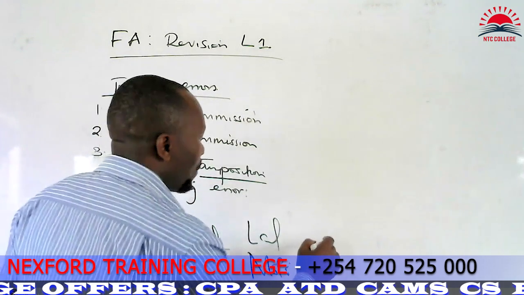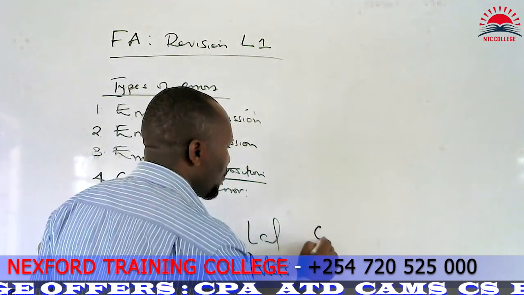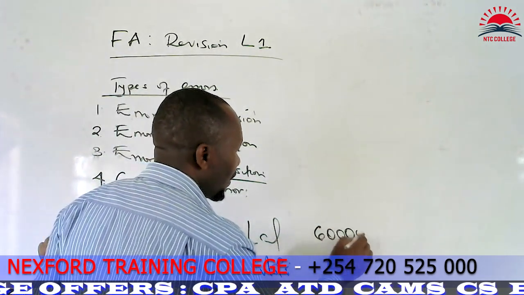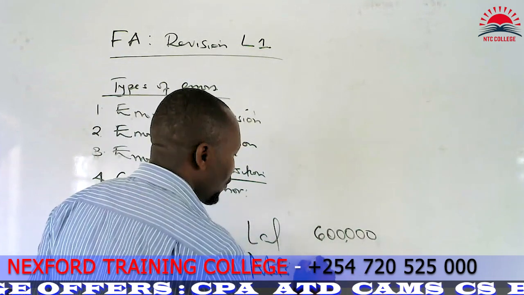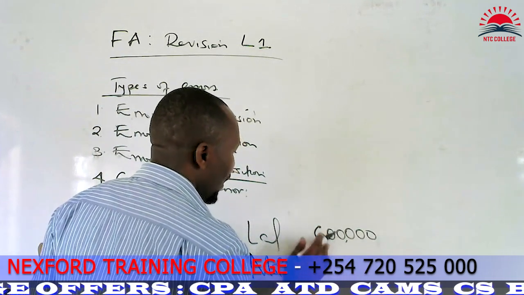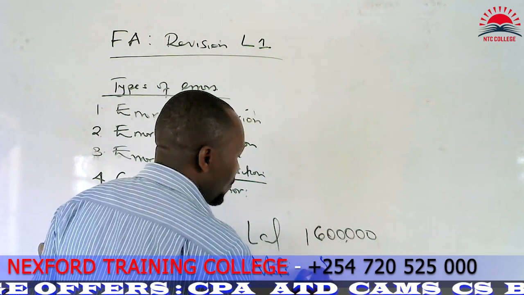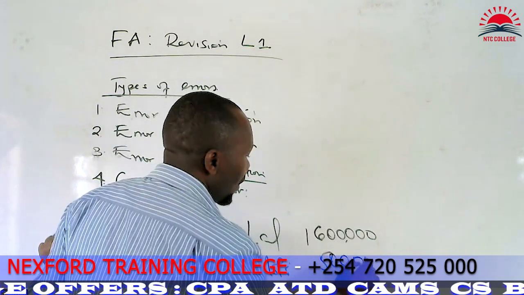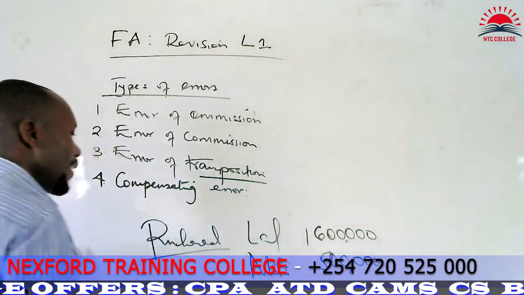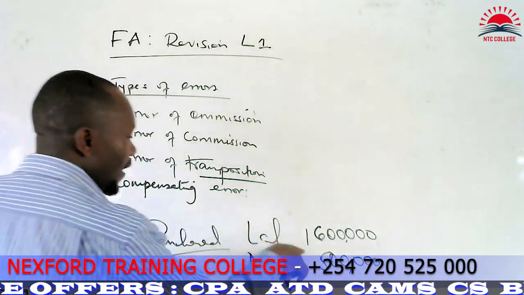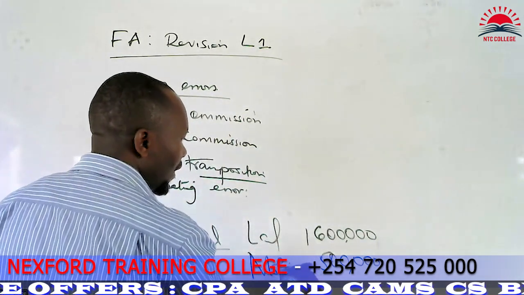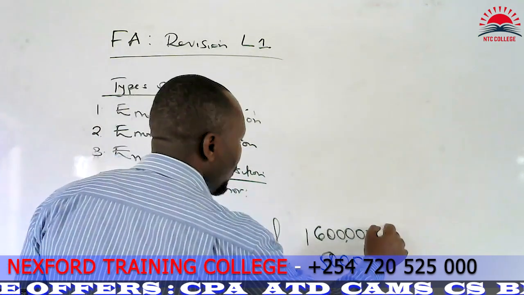You end up posting, maybe the opening balance for motor vehicle was 600,000, and the land was 1.6, and maybe motor vehicle was 500,000. When you purchase additional motor vehicle, instead of posting here on motor vehicle, you end up posting here.